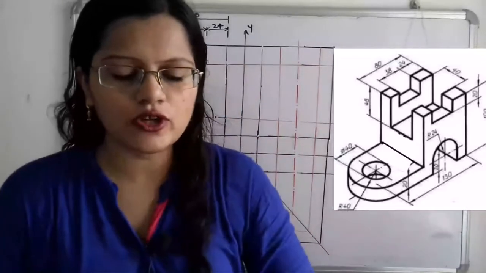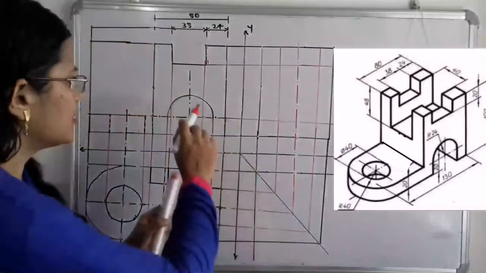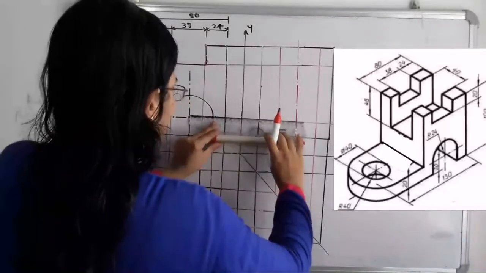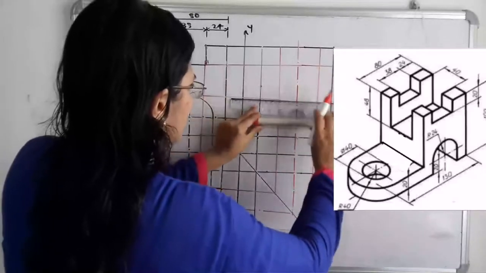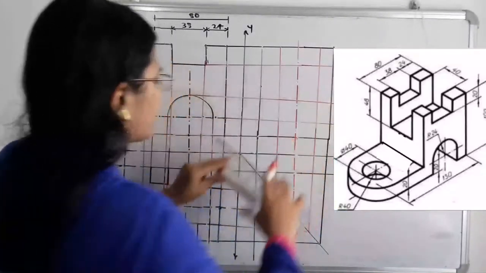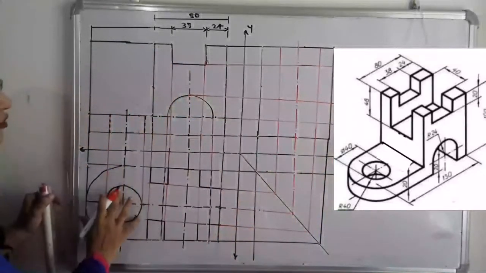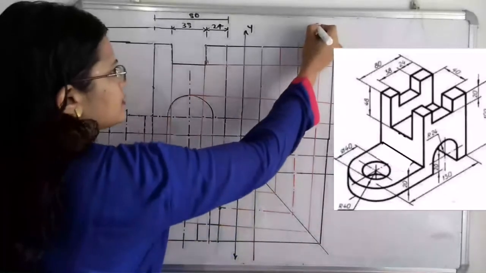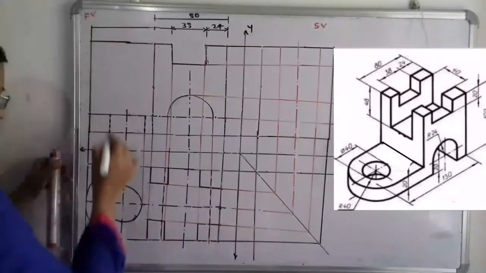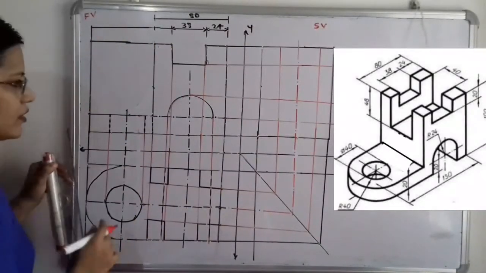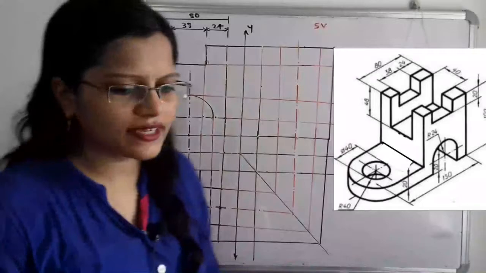Here we have to also take projection for this semicircle. So here is the construction. Take the horizontal projections. In the same way we have to take the projection from this top view to the side view. So this is the side view, this is the front view, and this is the top view. Now these projections are getting completed.